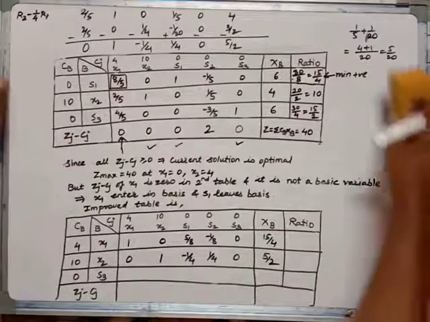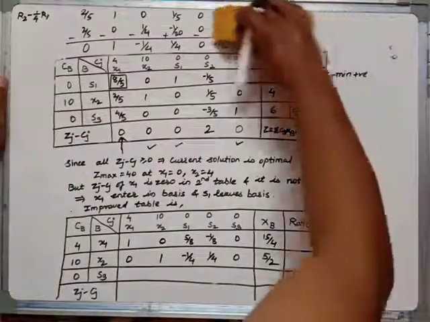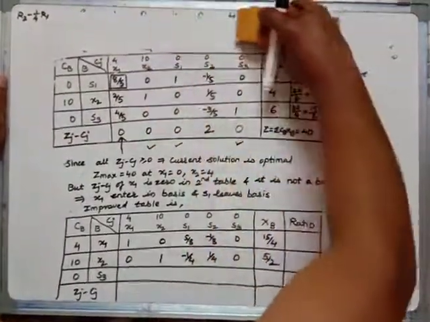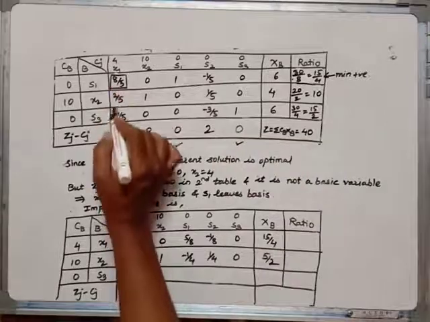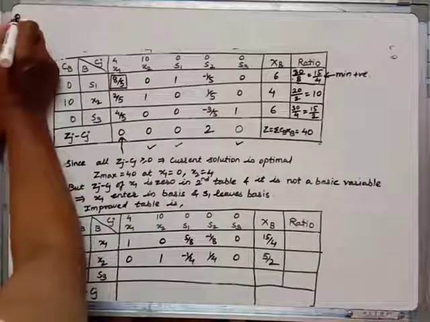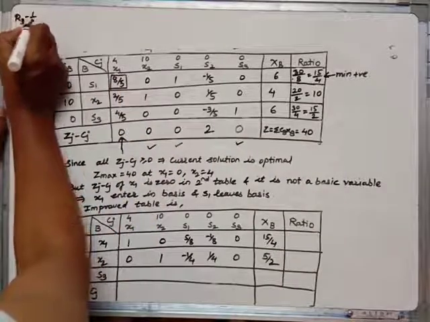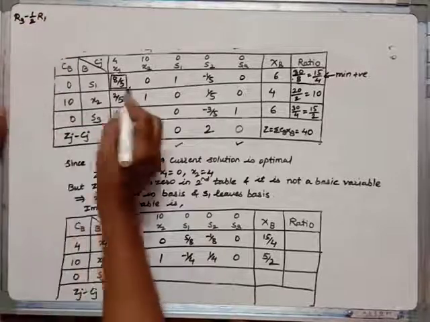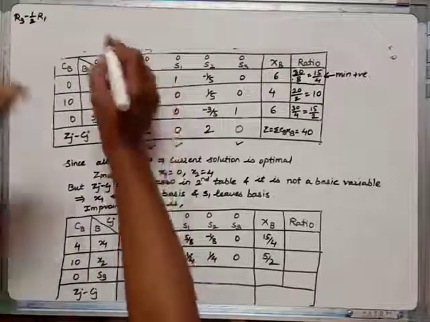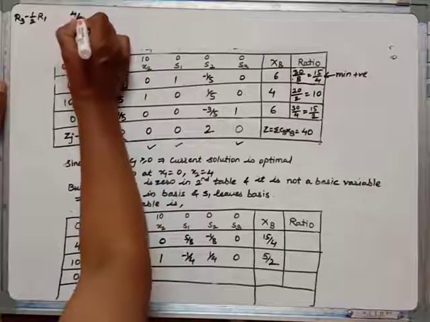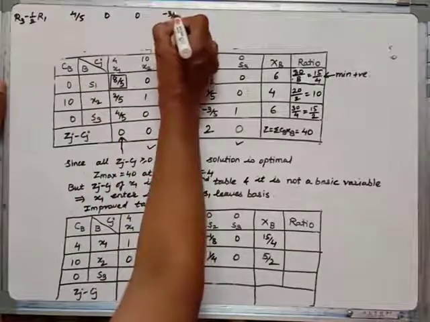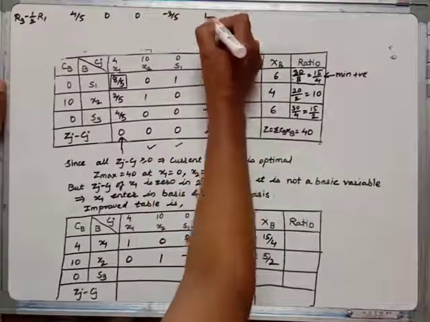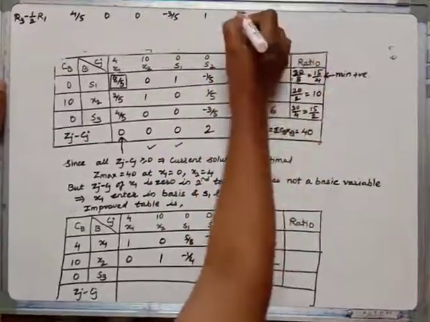Now let us find out the third row. For the third row, I have to do an operation R3 minus 1 by 2 times R1. R3 minus 1 by 2 times R1. Now, let me write R3, that is 4 by 5, 0, 0, minus 3 by 5, 1 and 6.